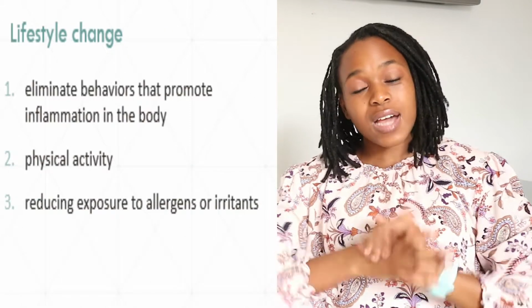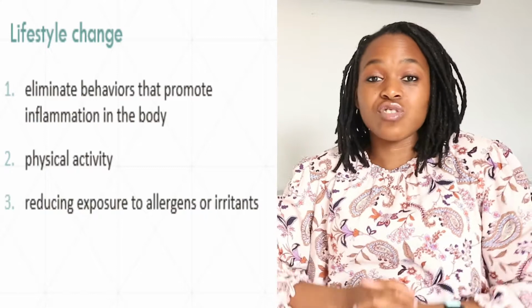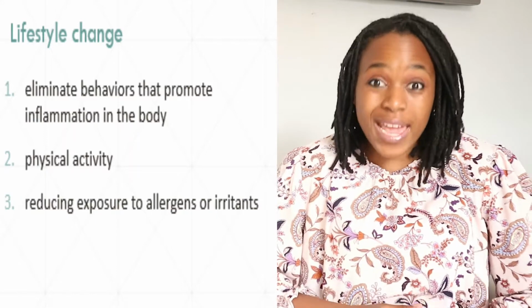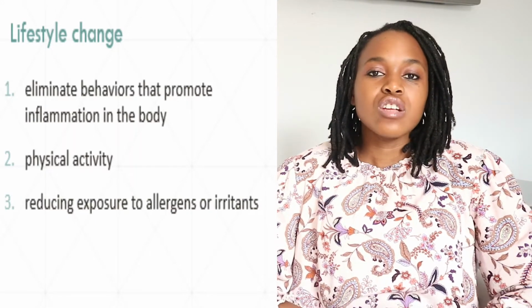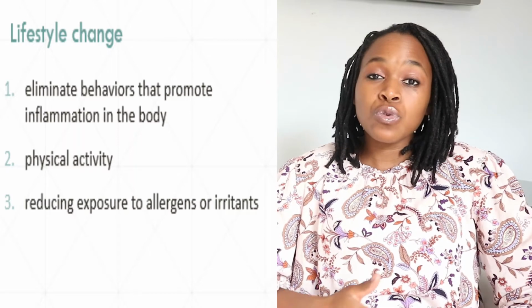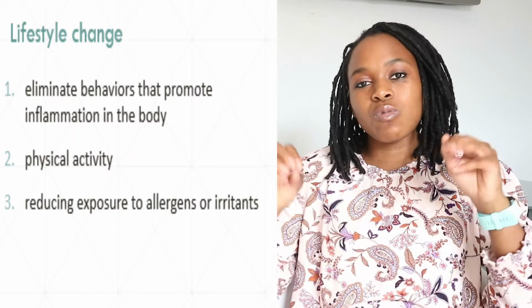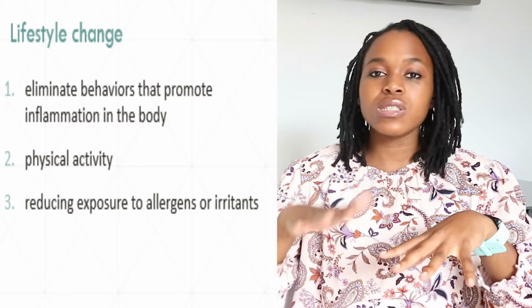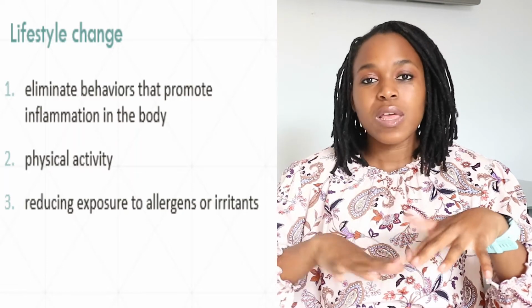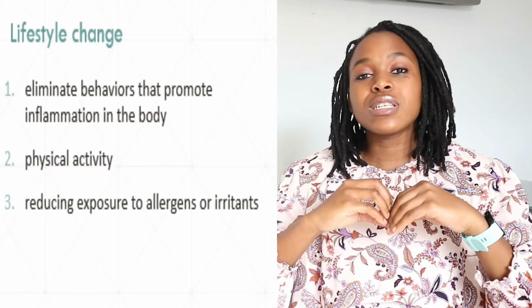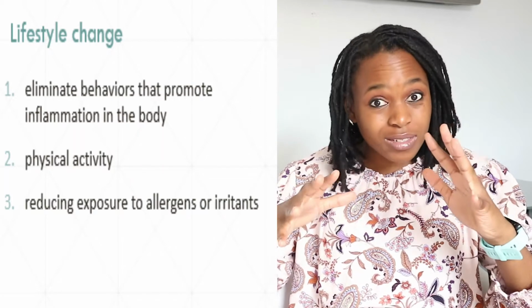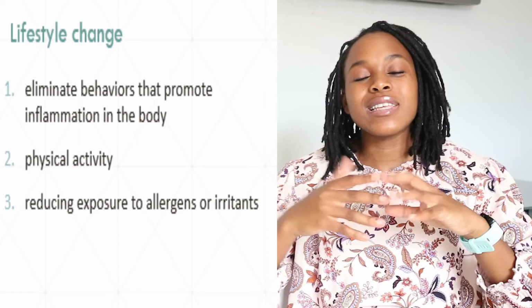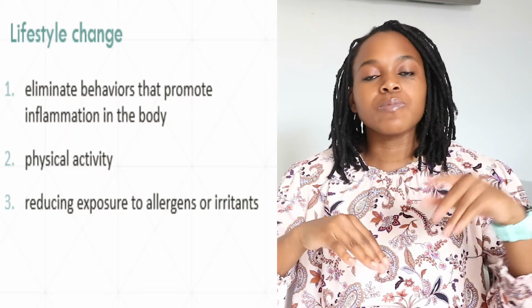But diet or lifestyle change rather is also a great way to manage asthma. So firstly, you want to eat foods or do things that will decrease inflammation in your body. You don't want your immune system acting at all times, because eventually your immune system will just start doing what it wants, when it is in that state of chronic inflammation.